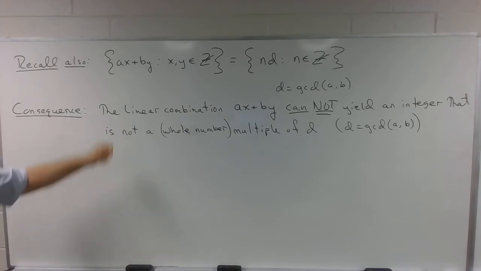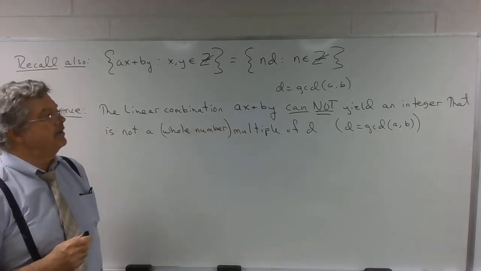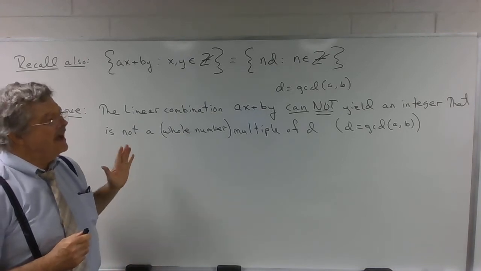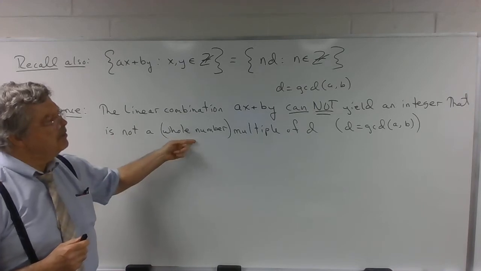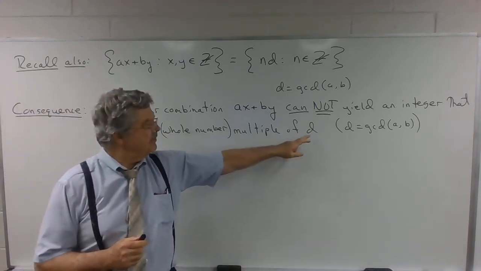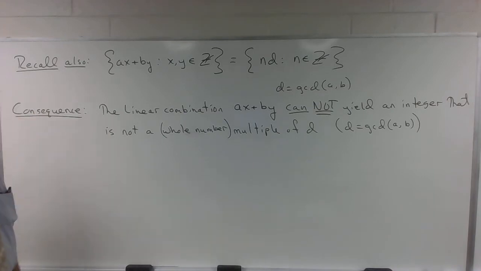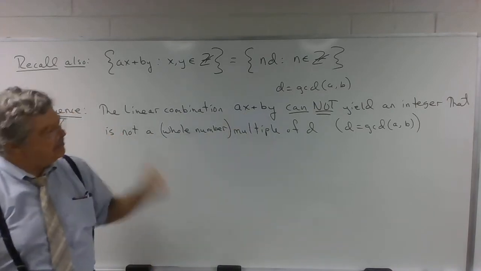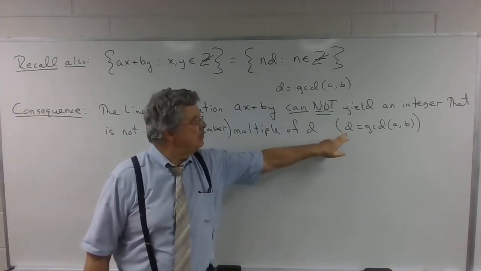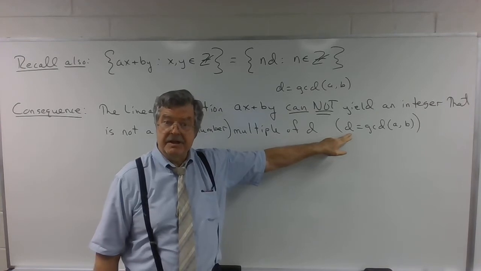The linear combination ax plus by, where x and y are integers, cannot yield an integer that is not a whole number multiple of the greatest common divisor of a and b. Any linear combination of a and b has to be a whole number multiple of d.